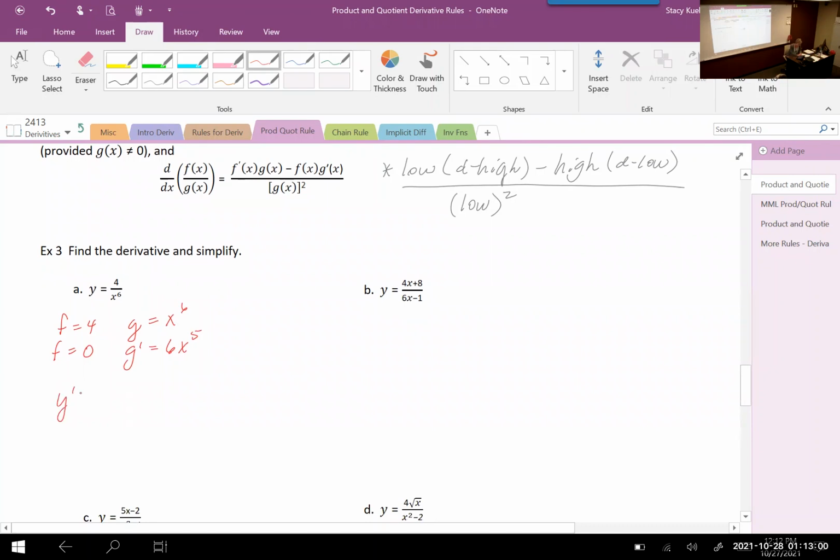So low would be x to the 6th times the derivative of the numerator, which would be 0, minus the numerator times the derivative of the denominator, all over the denominator squared.